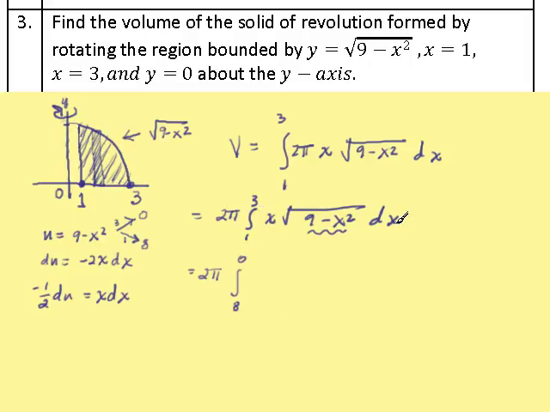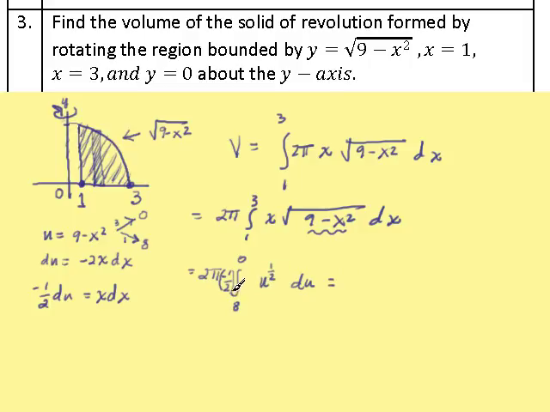Now instead of x dx, we have minus 1/2 du. So let's say we have this minus 1/2 out here. I'll put it in parentheses. Okay, minus 1/2, and there we just have the du. And here we have the square root of u, or u to the 1/2.